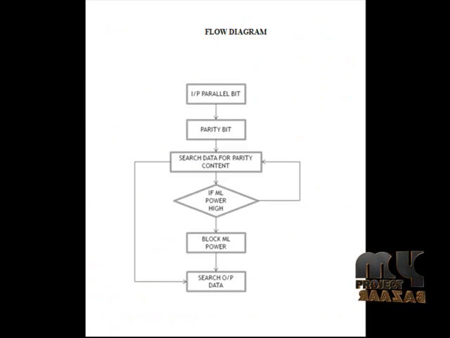Now I am going to explain the flow diagram of our project. In the first step of my flow, we give the input parallel bits. After that, we extract the parity bit for the given input. This parity can be extracted for the total database addresses and also for the given input 8-bit vector.